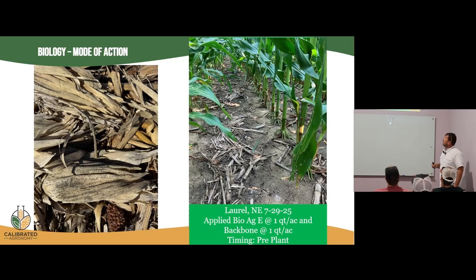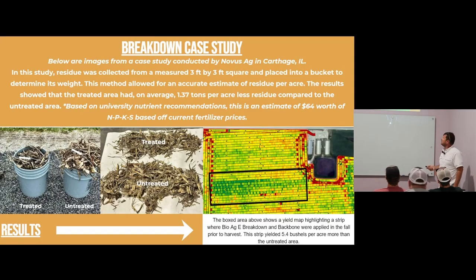We started with the breakdown product, and this is a perfect example of taking the problem and putting the solution with it. I've got areas with full tillage systems, where this is not necessarily the fit, but in their geography and strip till, this was a very, very good fit that has been very successful.